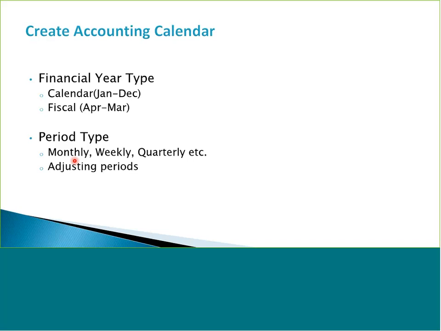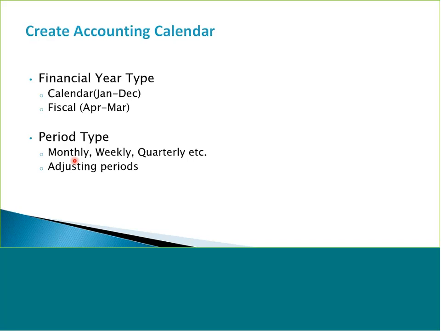You can have an adjusting period, which will be your 13th period, and this period can be a couple of days in the last week of December. So you can have an adjusting period from, let's say, 21st December to 31st December. And this adjusting period is mainly for adjusting entries which help you to correct mistakes during the audit process. So that is the purpose of adjusting periods.